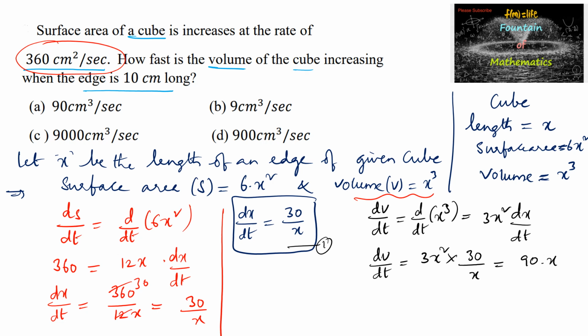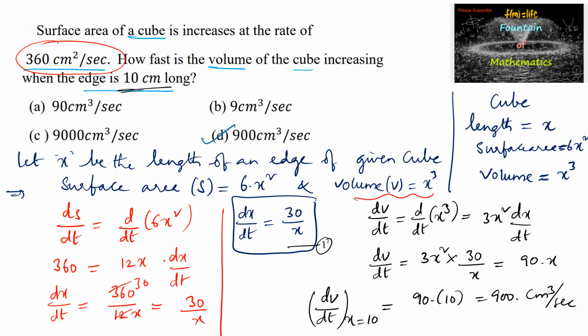Since we want the rate at which volume increases when the edge is 10 centimeters, dV by dt at x equal to 10 is 90 into 10, that is 900. Since it is a volume, we use cubic centimeter per second. So 900 centimeter cube per second is the answer, which is our option D.